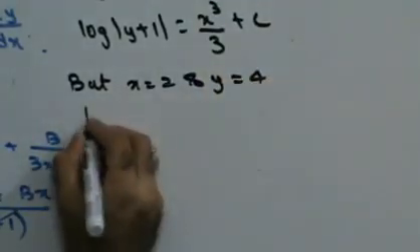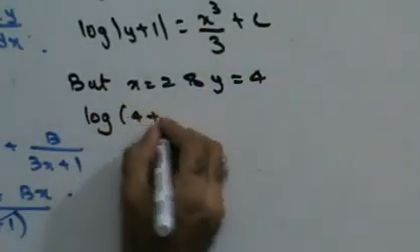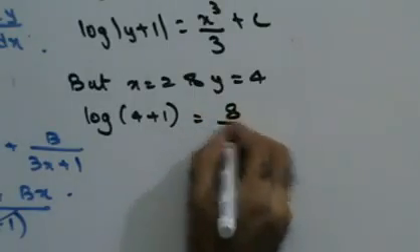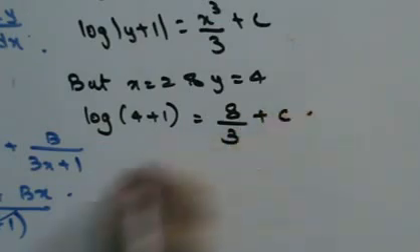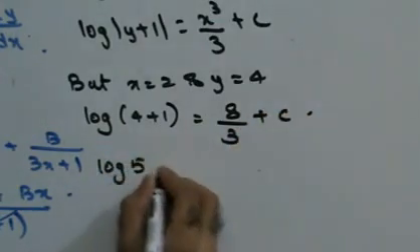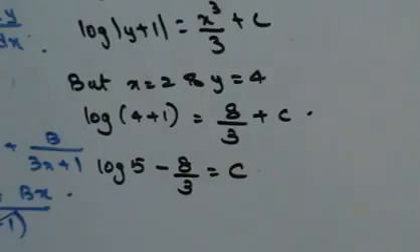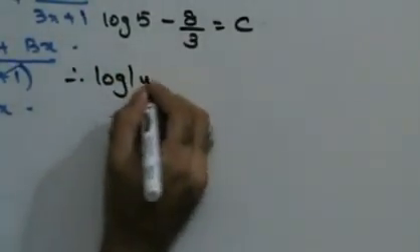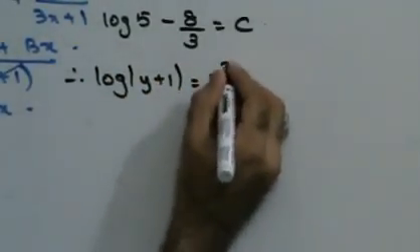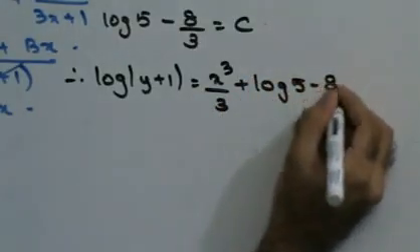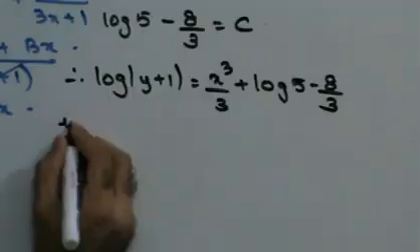So I'll get log of 4 plus 1 is nothing but 2 cube, that is 8 by 3 plus c. So I'll get log 5 minus 8 upon 3 is c. Once you get the value of c, substitute it back in the original equation. Therefore I can say log mod y plus 1 is x cube by 3 plus log 5 minus 8 by 3, which is the particular solution.